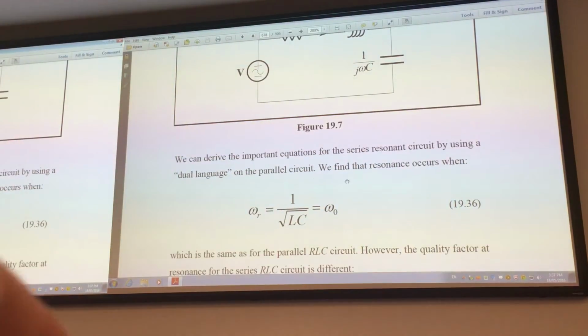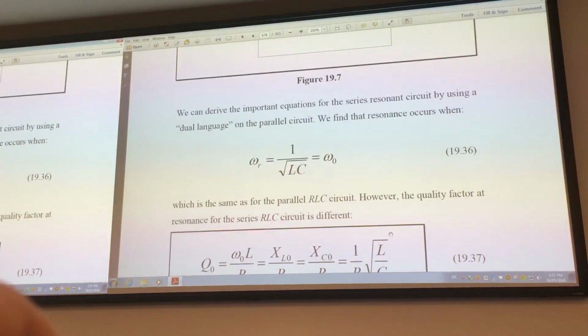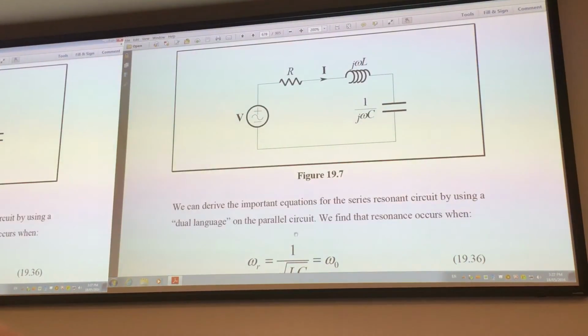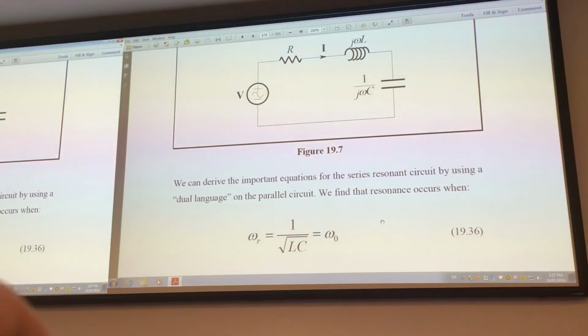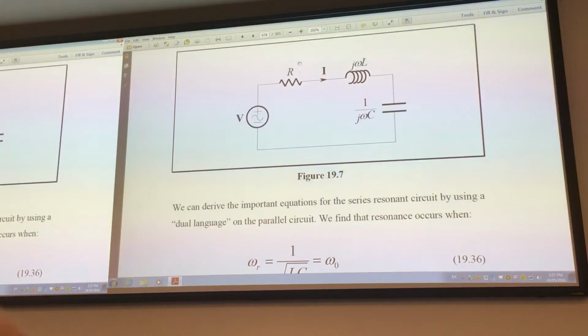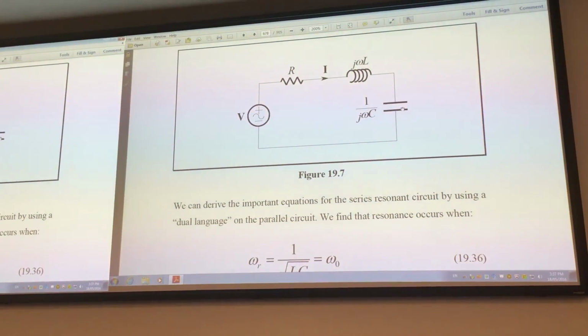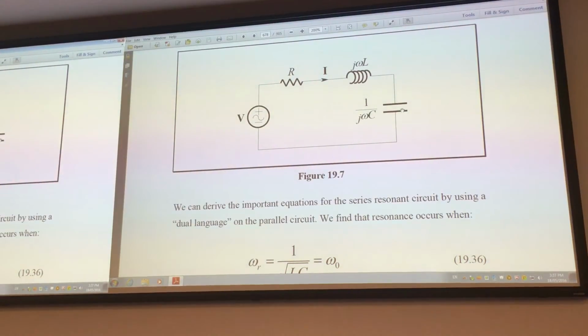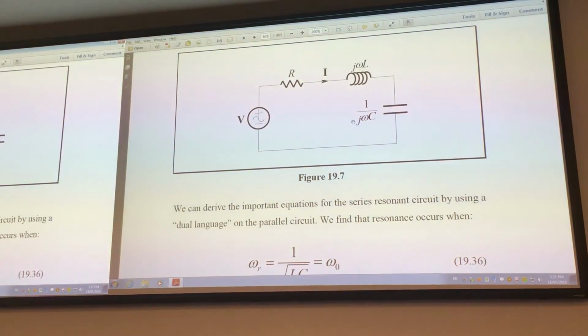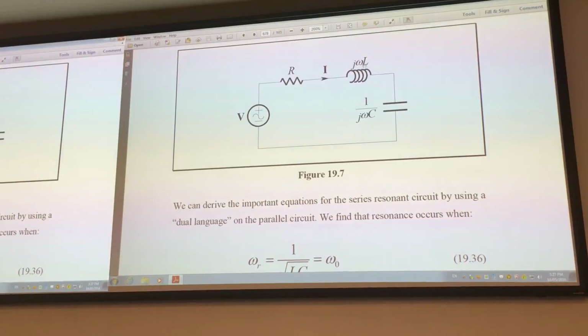When we do the calculations, which are actually omitted here but are very simple, we just use impedances, which we already have. So the total impedance is the sum of these impedances: R plus j omega L minus j over omega C. We can see that at some frequency omega R, these two components will have the same magnitude and opposite phases.